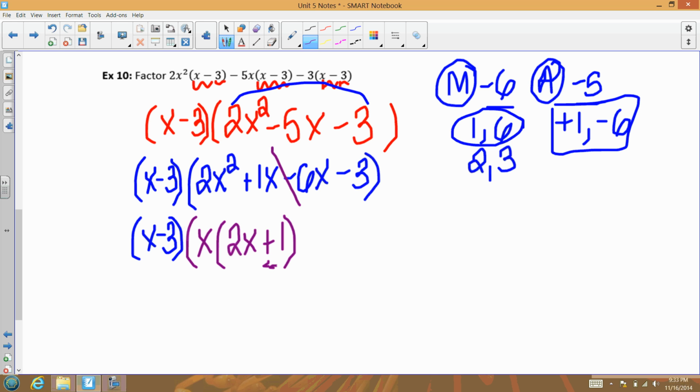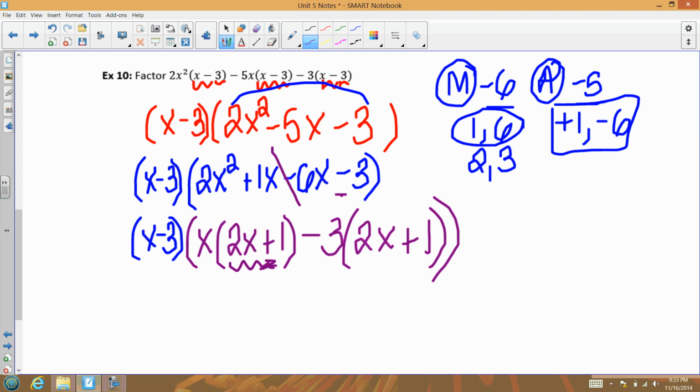So I'm actually going to factor out a -3 out of both terms, so that I'm going to have 2x plus 1. So keep in mind that whenever you look at this second term here, if you have a minus but up in front you have a plus, that means you're going to have to switch your signs.